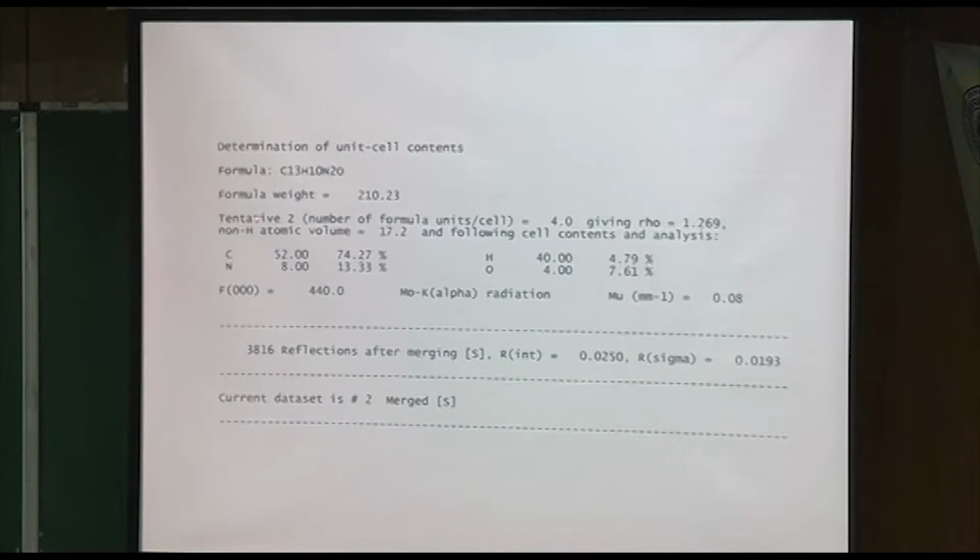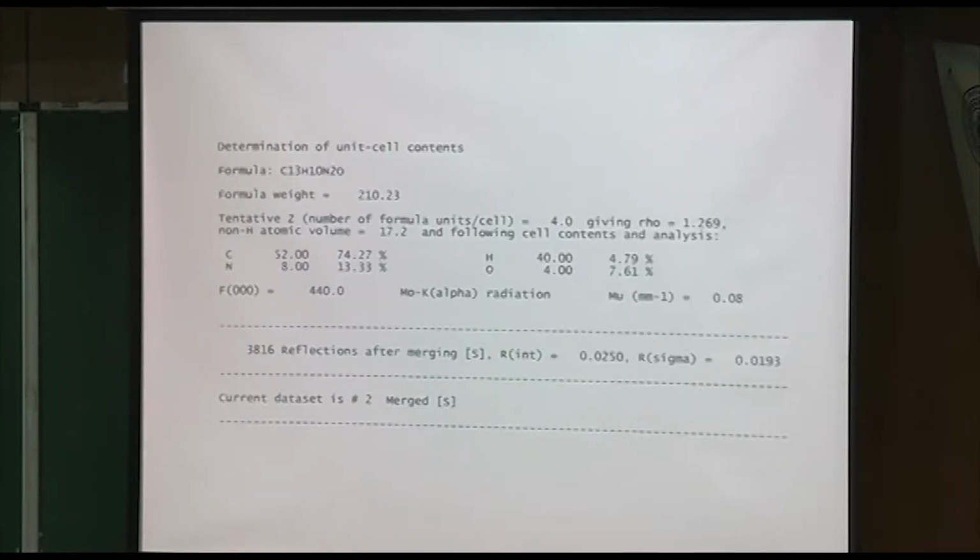So this non-H atomic volume should probably not be more than about 25 at the most, and usually it's between 15 and 25. And then this actually gives you the percents. F000 we haven't talked about. That's just the number of electrons in the unit cell. So just count up the number of electrons in that formula, and that's what you get.